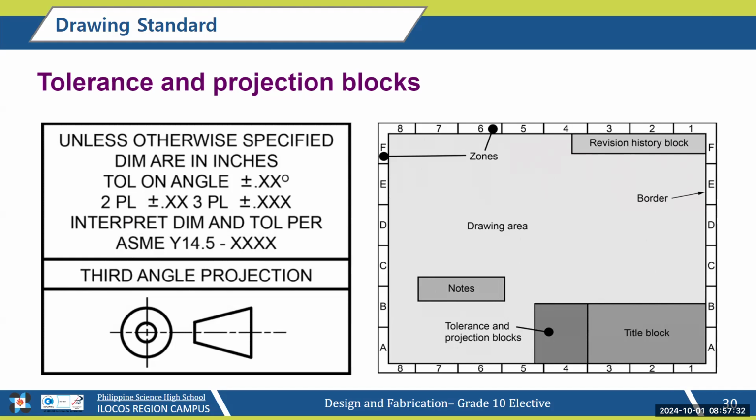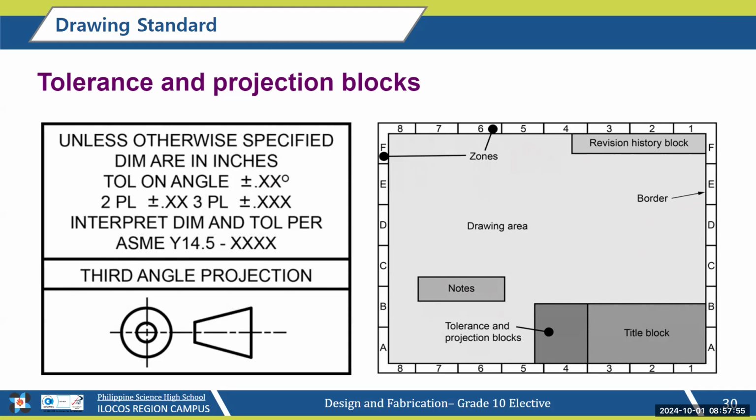Next, the projection block, which indicates the method of projection used in the drawing. Typically, there are two types of projection used, the first angle and the third angle projection. These projections define how different views, like our front, top, and side, are arranged on the drawing.